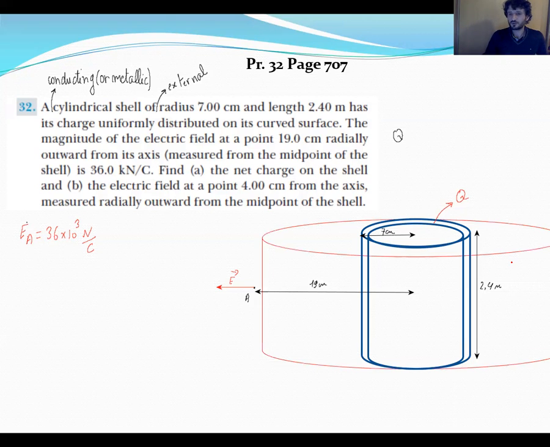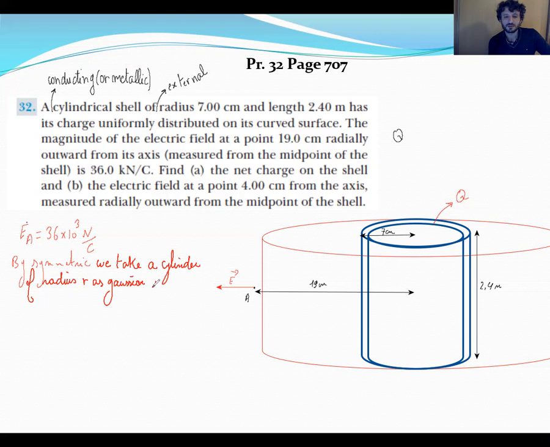So here we use a Gaussian surface by symmetry, we take a cylinder of radius R as the Gaussian surface.